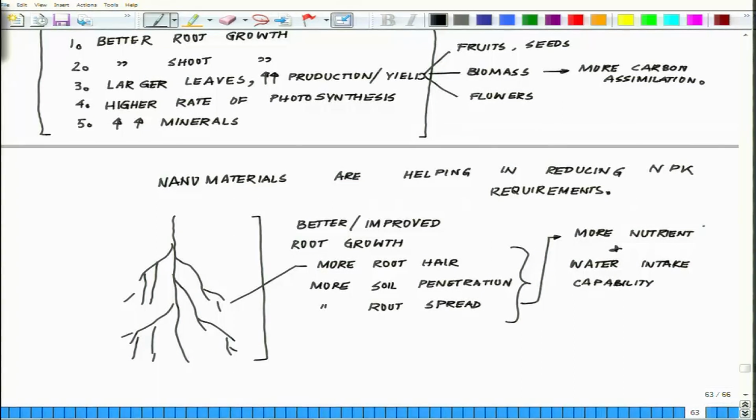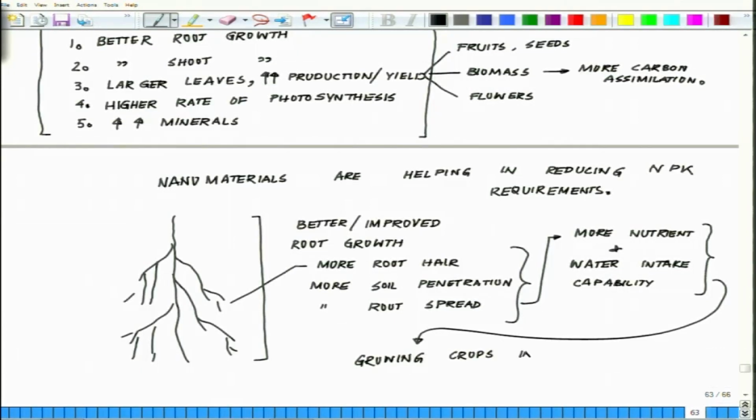So that means these kinds of treatment could be an answer for growing crops in nutrient deficient soils.